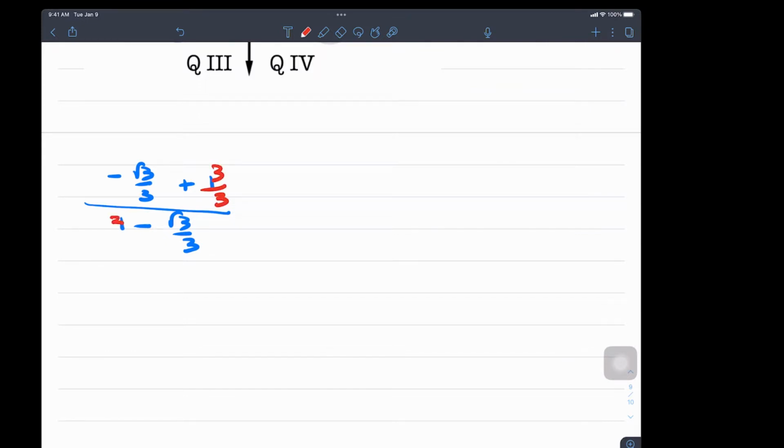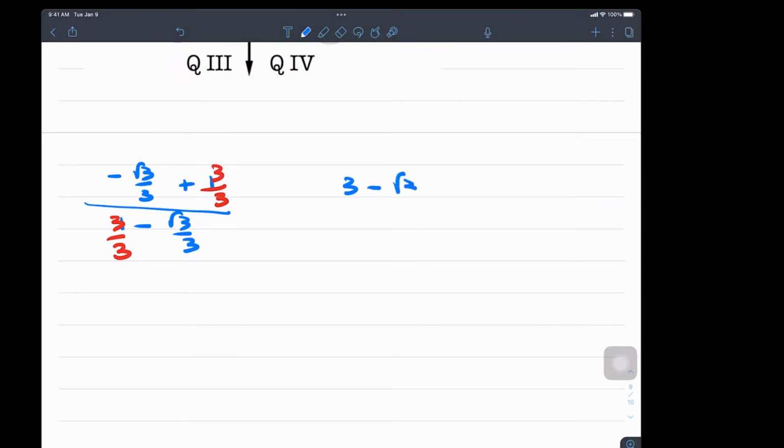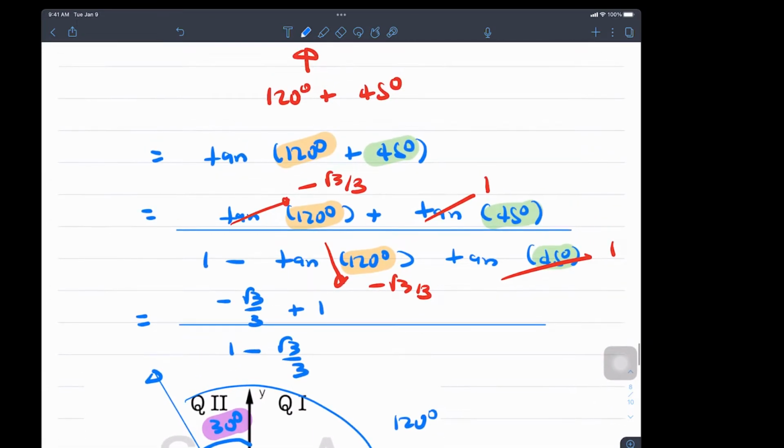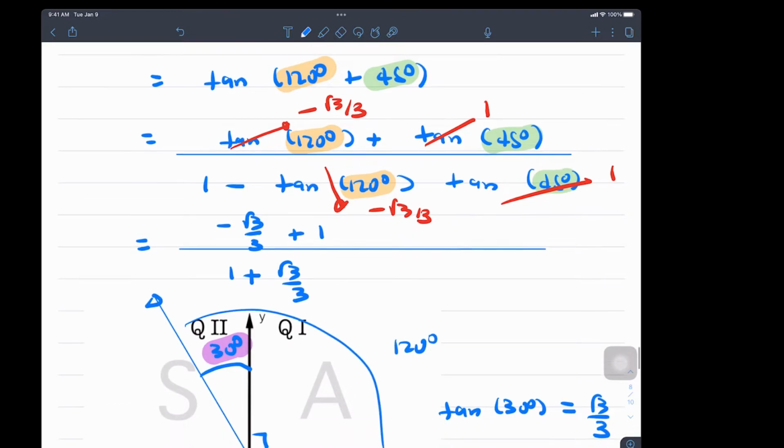Replace 3 or 1 with this and switch the order. 3 minus the square root of 3 over 3 minus the square root of 3 over 3. Let me double check. So it's 3 minus the square root of 3 over 3. Is it 1? Could it be 1? Did I make a mistake here? Oh, it's plus down here. Sorry. Minus and minus makes that a plus.